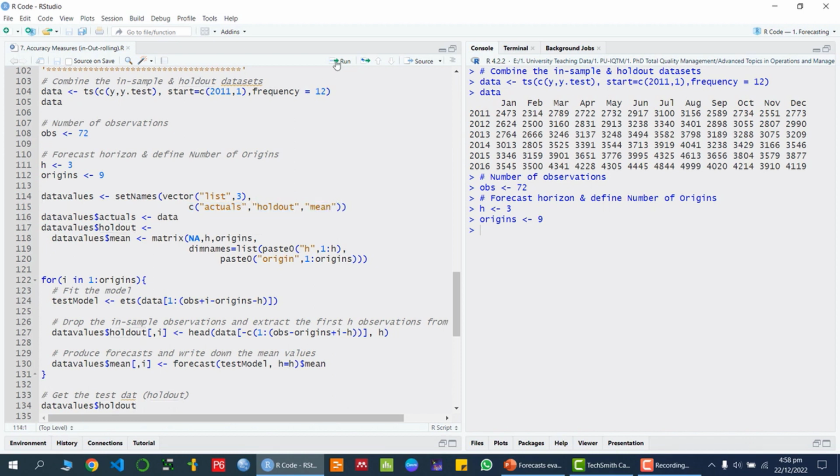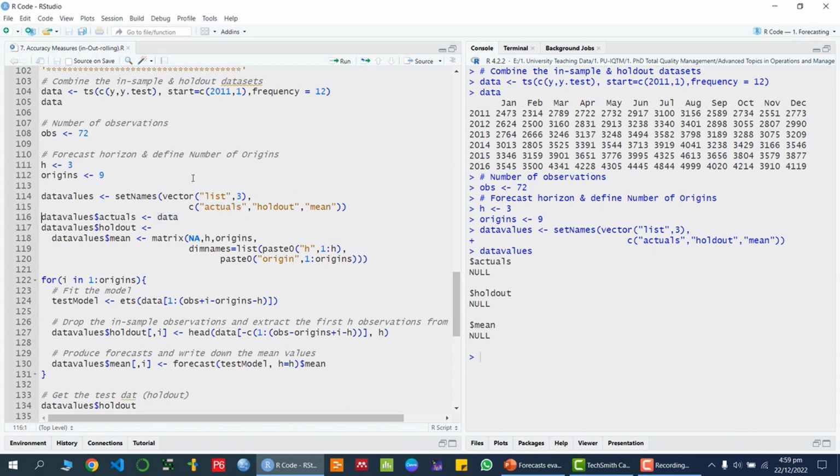If I run this and then call this particular variable, data values, you can see that it has created the 3 vectors. Right now these vectors have no values, so these are only the names which we have given them. Then I am saying that in this actuals vector or list, store the value data.